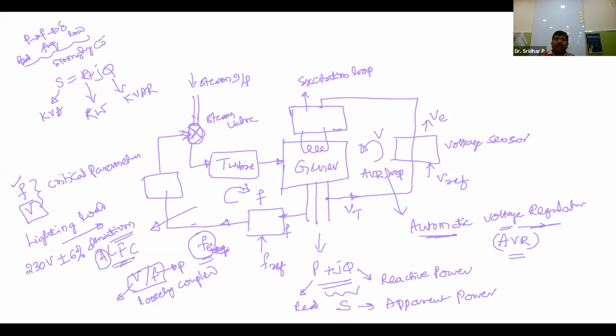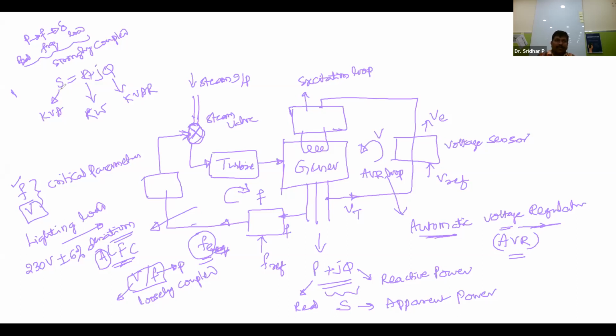Please don't give me an opportunity to explain this in future, because in PSOC I already explained this topic three or four times. You have studied power system analysis, where you studied load flow analysis: Gauss-Seidel, Newton-Raphson, and the last one, fast decoupled load flow studies.